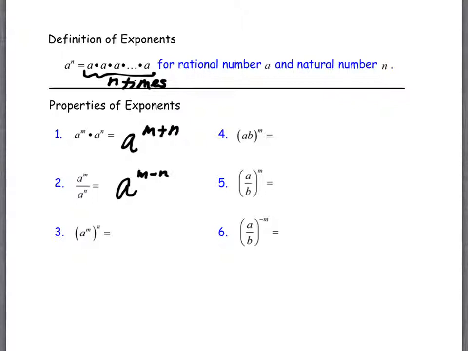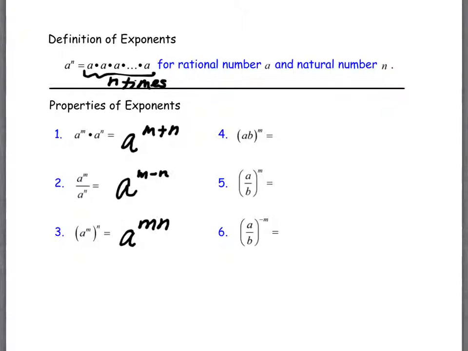Becca said that this is a power to a power on number 3. Compared to number 1, what is number 1? It's two base numbers. That's what I wanted you to identify. On number 3, I only have one base, the base a, written down one time. On the first one, I actually have two bases written down. They match, but I have them written down twice. So what happens on 3 then, instead of it being added? m times n, they're multiplied.